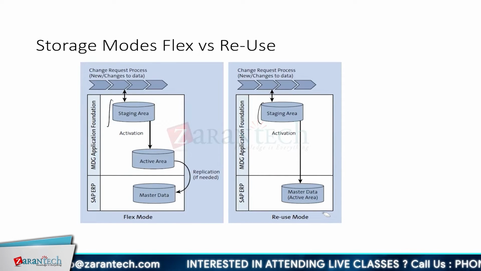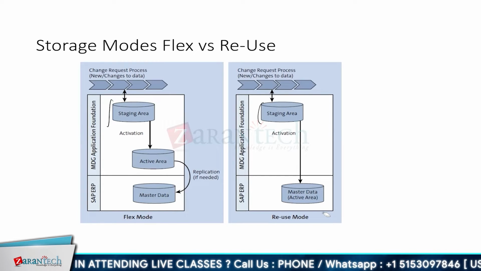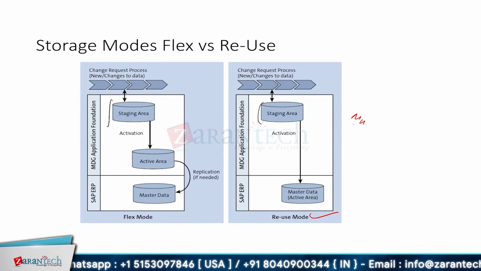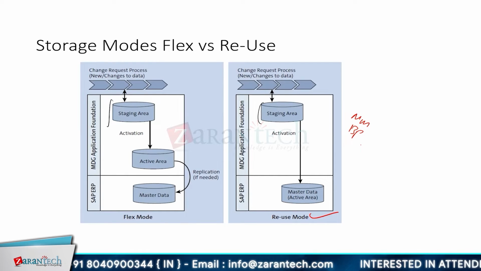And if you want, you can replicate them. That's fine. But can the standard objects stay in the MDG side staging tables itself, or will they automatically move? Only the finance objects will remain on the MDG side.